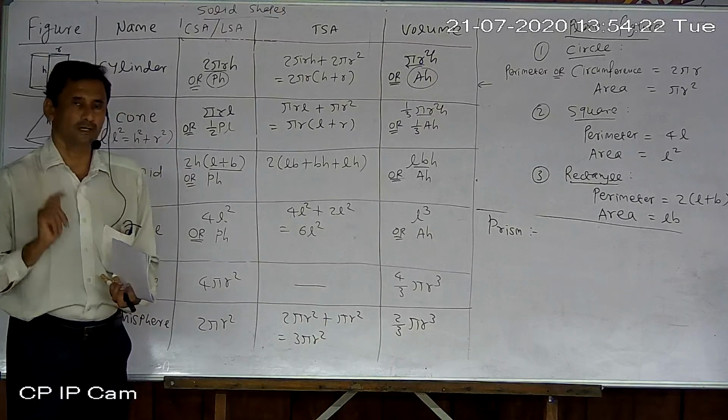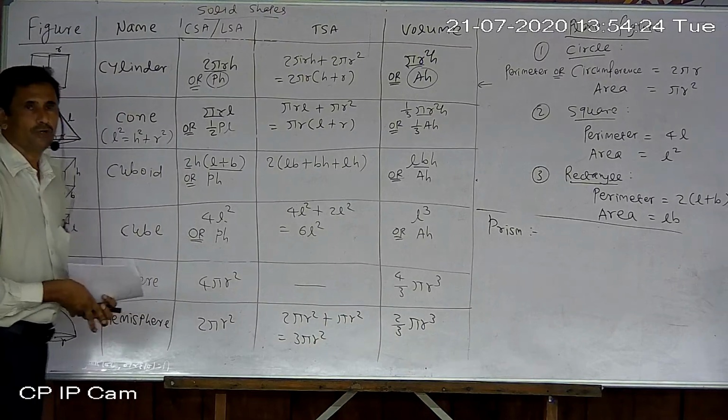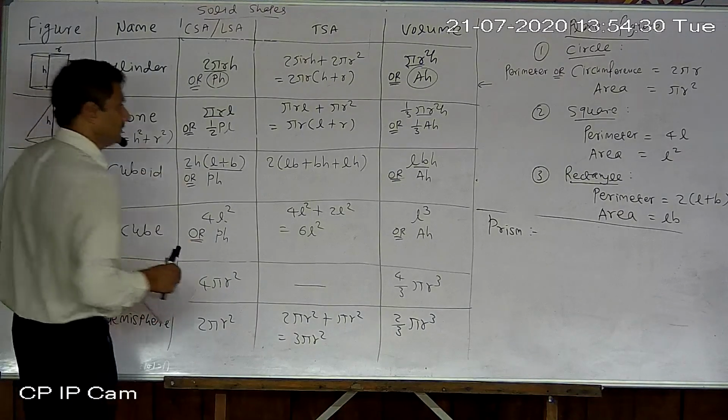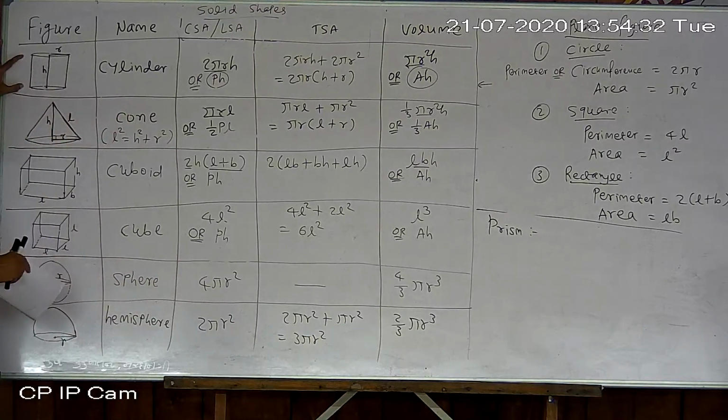So both are equal. If the bottom and top surfaces are equal, then it is called a prism. In that sense we can say cylinder, cuboid and cube are prisms. Okay, cylinder, cube and cuboid.